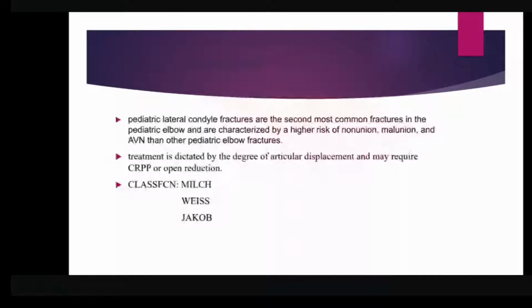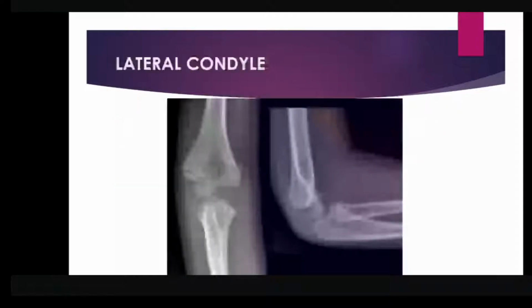Okay, fracture may be intra-articular, fracture may be extra-articular. So what do you mean by intra-articular and what do you mean by extra-articular fracture? Intra-articular fracture involves part of the articular cartilage. Extra-articular, that is no involvement of articular cartilage.